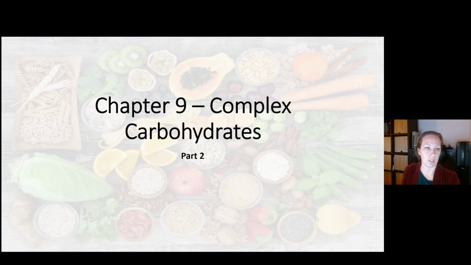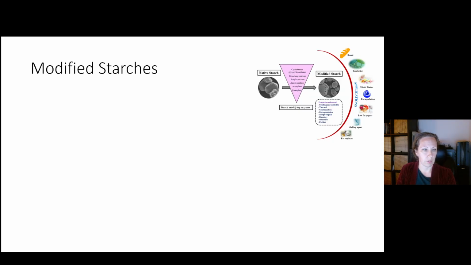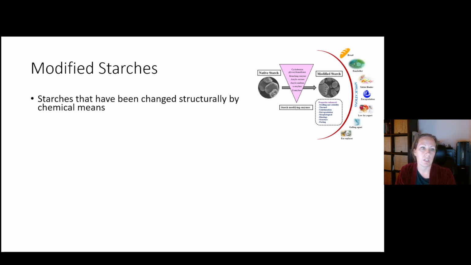Continuing our discussion on complex carbohydrates, I'll just get right into it. So the next section in the chapter goes over modified starches for a little bit. Modified starches are any starches that have been changed structurally by some kind of chemical means.